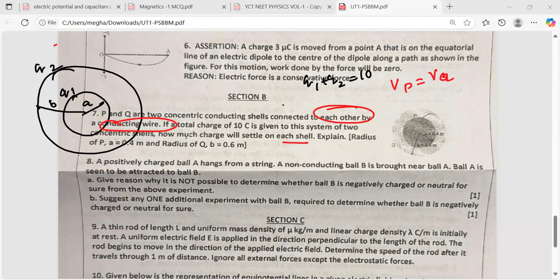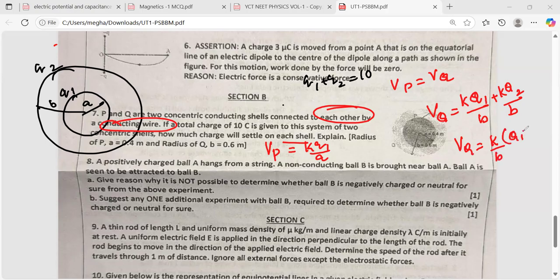First of all, we'll find out what is Vp. Vp is equal to KQ1 divided by A. But what is VQ equal to? VQ potential is nothing but due to inner charge potential plus outer charge potential. So therefore, I can write it as KQ1 by B plus KQ2 divided by B. So therefore, VQ will be equal to K by B, take it out, Q1 plus Q2.